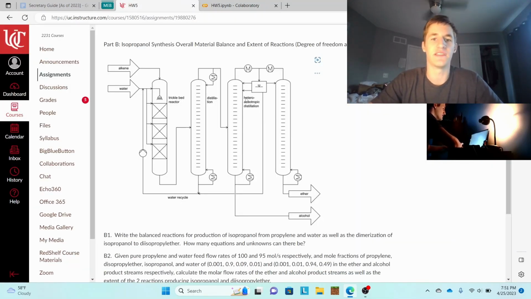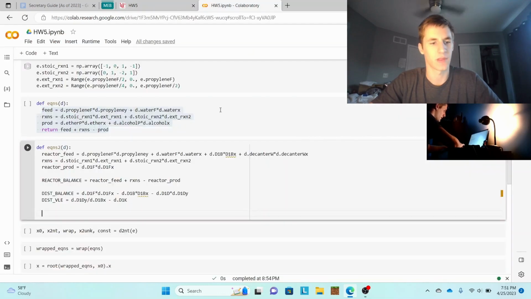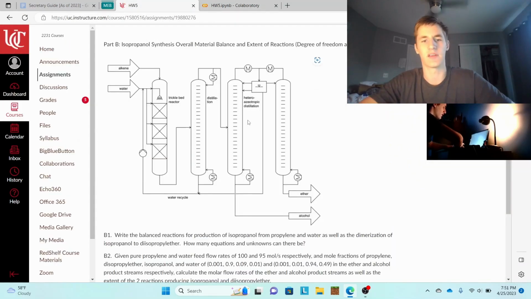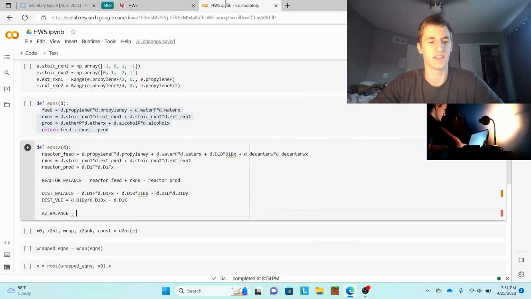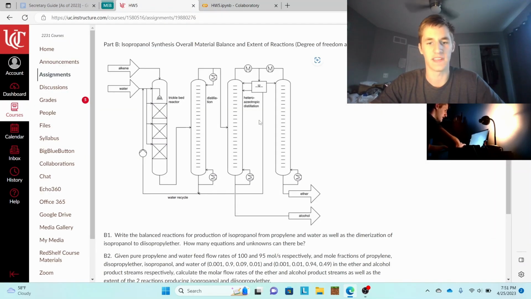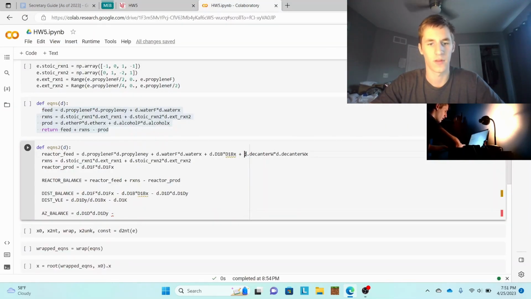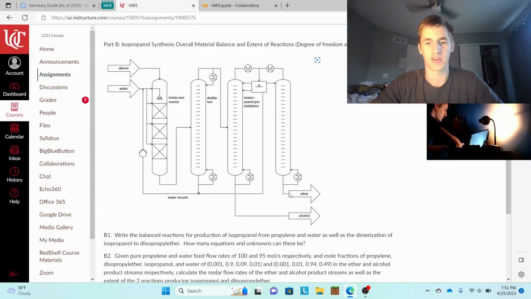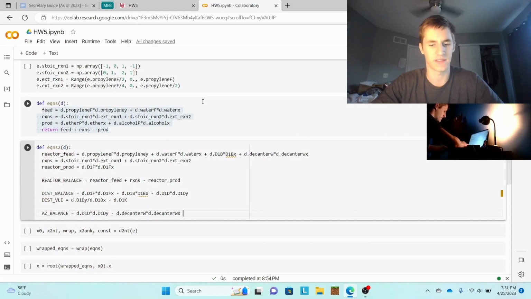Now we can move on to this azeotropic distillation. So we have AZ balance, and coming in we have our distillate, right? So that's this D1D, and coming out we have our decanter water, as well as our ether and our alcohol products.